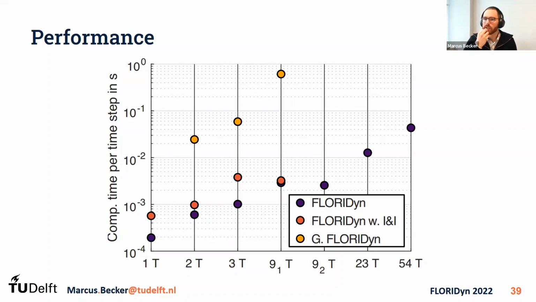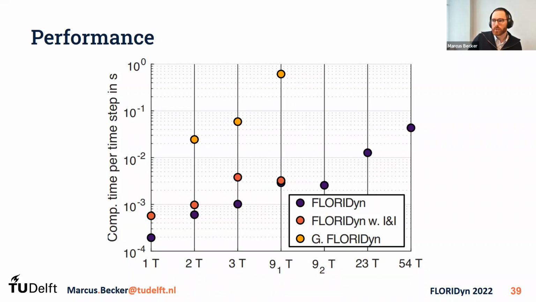There we're getting to a computational time where one time step takes 1 second. And if you would have a time resolution of 1 second per simulation step, then you're hitting real time.